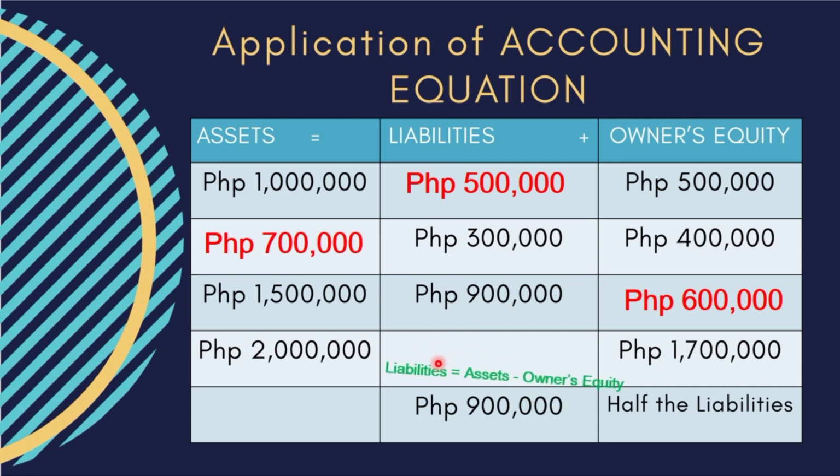We will use liabilities equals assets minus owner's equity. So liabilities is unknown, assets is 2 million, minus the value of owner's equity, which is 1.7 million. So the value of the liabilities is 2 million minus 1.7 million, which is equal to 300,000 pesos.